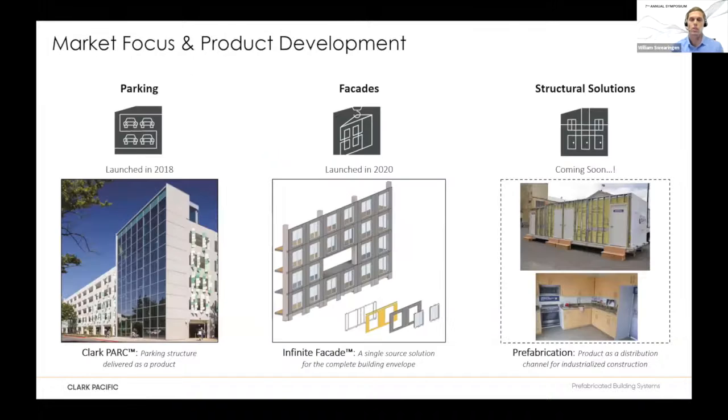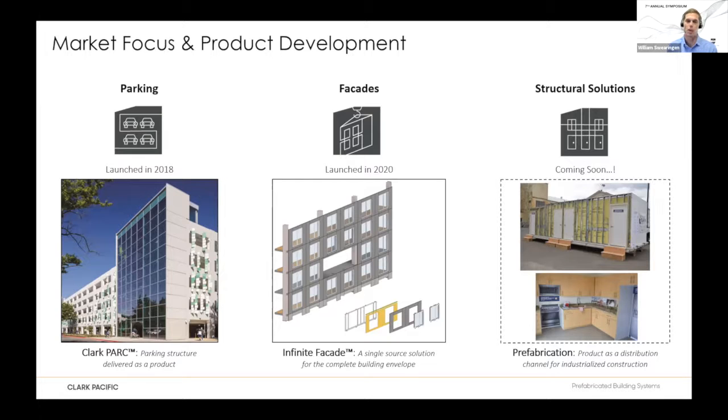Then we stepped back, after understanding how to integrate our teams to deliver this approach, and looked at how we go external. How do we create products to deliver to the unique markets that our customers are asking for? So we organized our company around three distinct business units: parking, facades, and structural solutions.